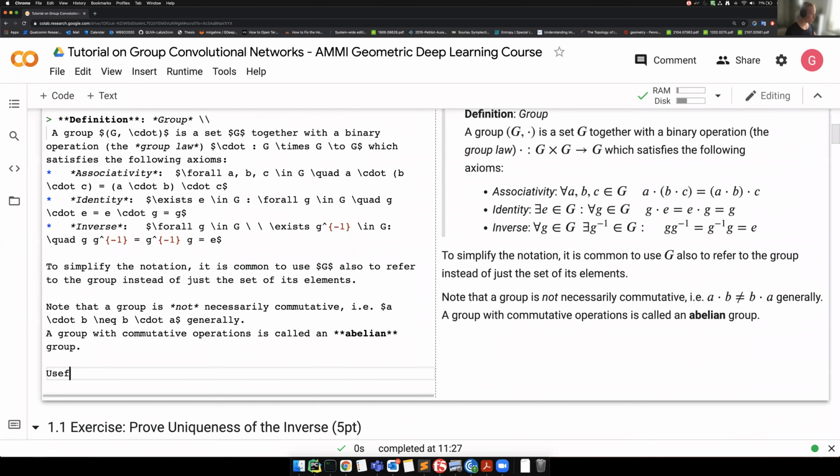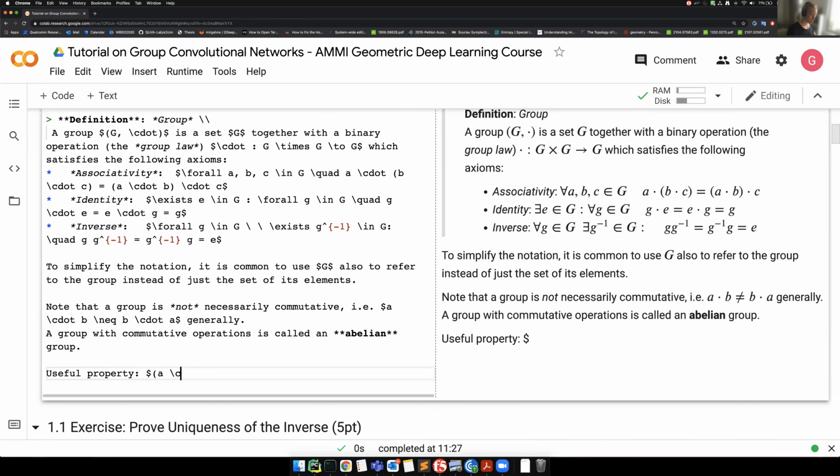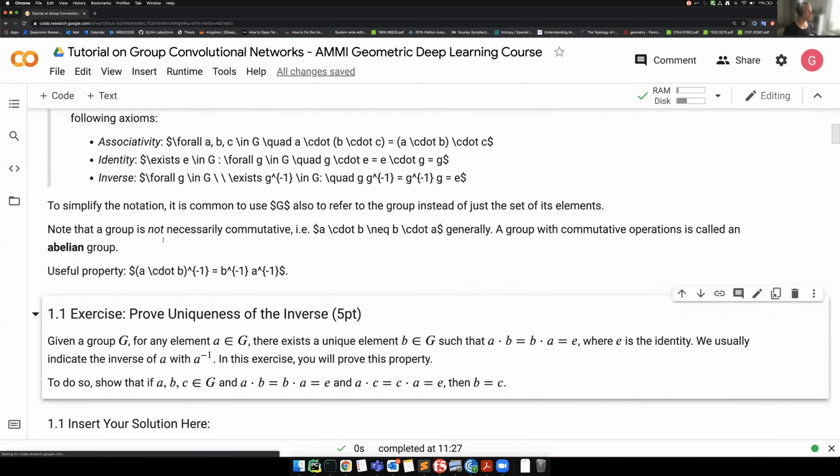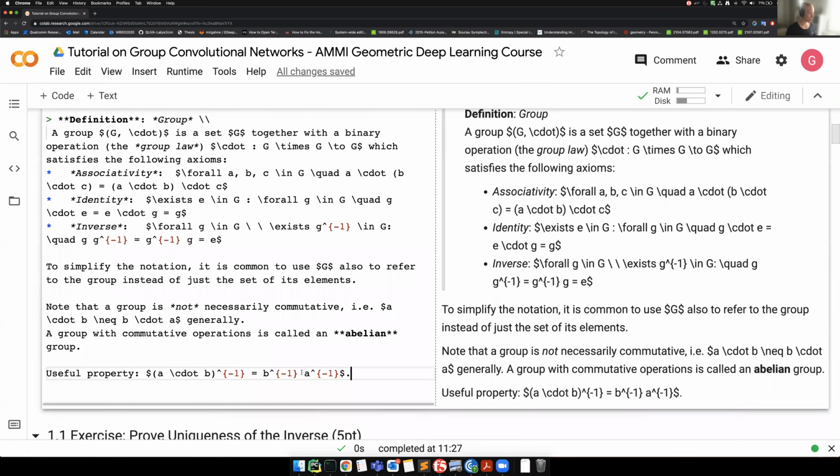In general, if you have a... so this is a property you may need to solve these exercises, or at least to solve them faster.